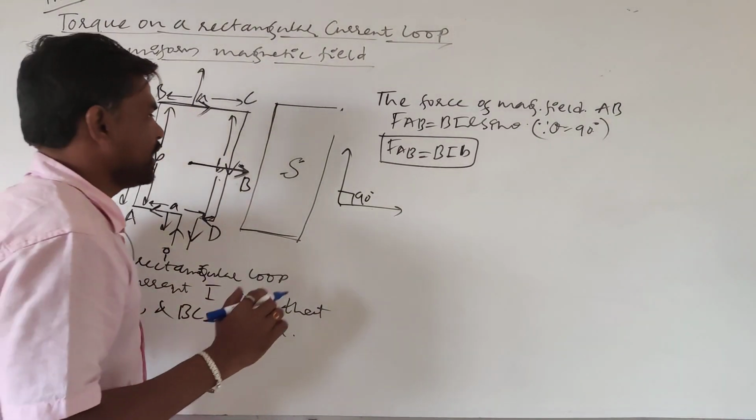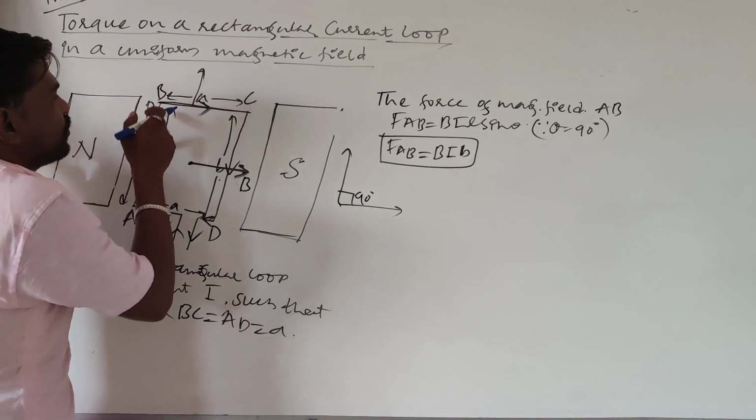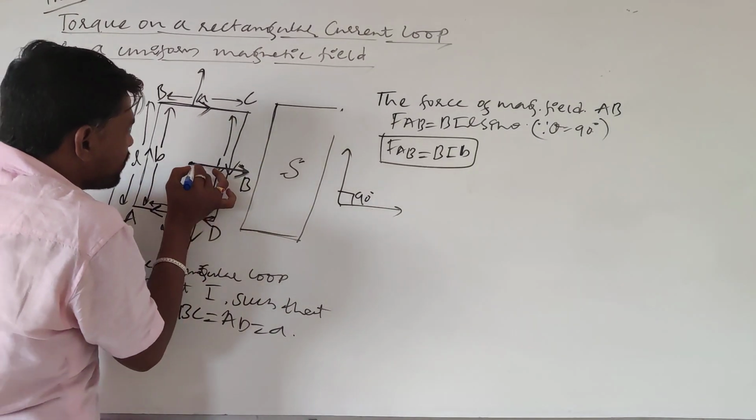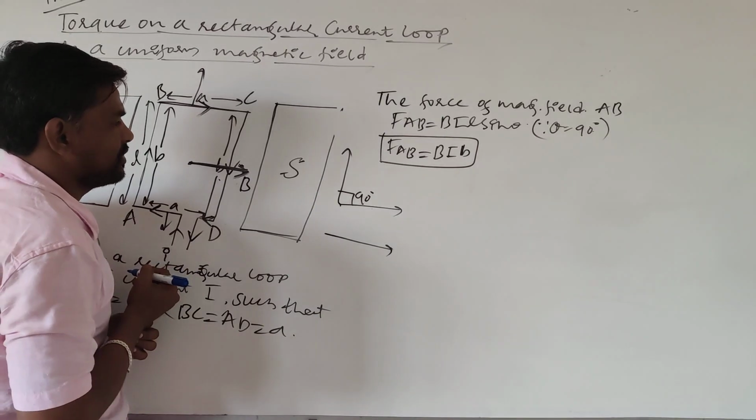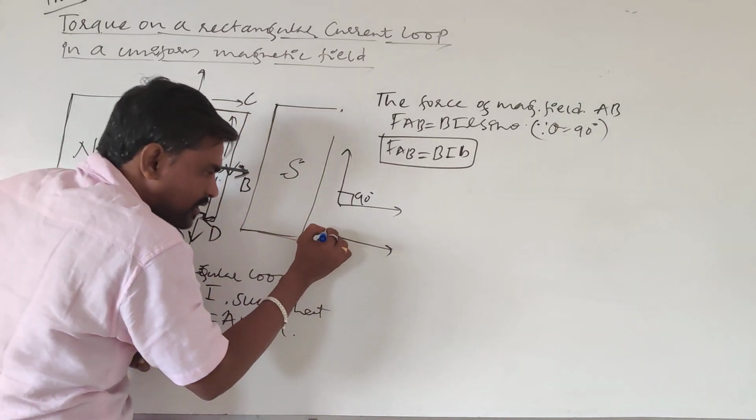Now once again, coming to CD. The magnetic field is in this direction, and the current direction is in this direction.